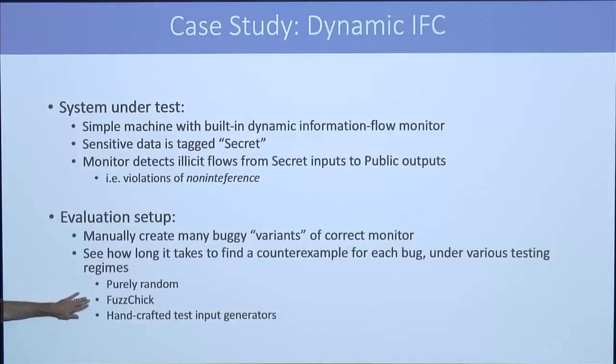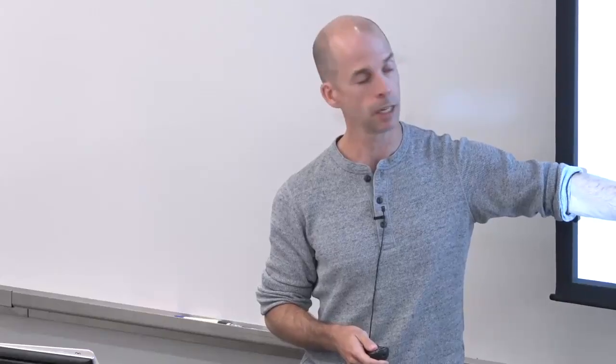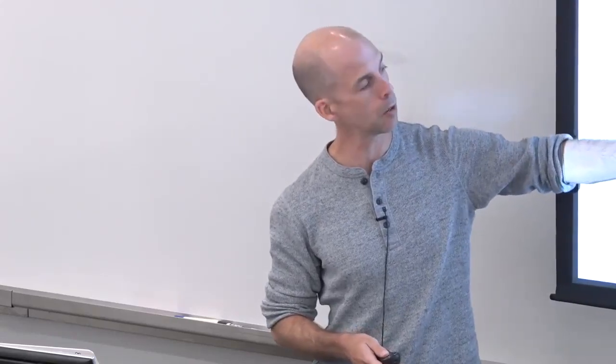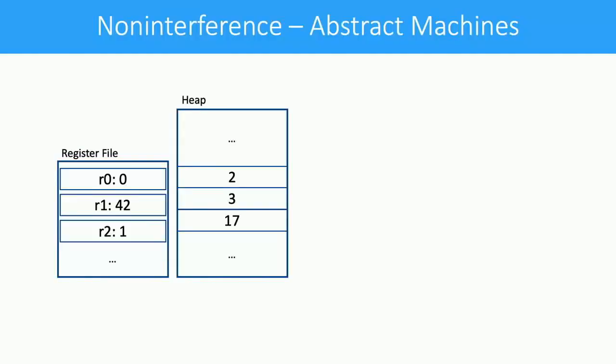Okay, so we compared our stuff to the purely random case, that is the normal QuickCheck, and we also used handcrafted generators. One of these generators took an entire year to write and was the subject of its own research paper. So that's what we assume is the best you can do. This is the status quo, and this is where we're trying to make an improvement.